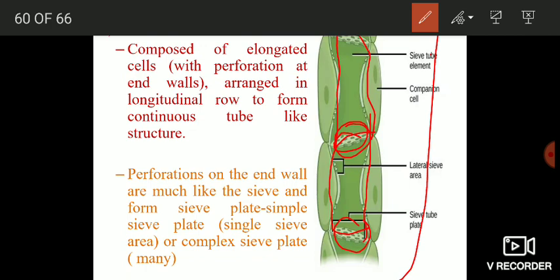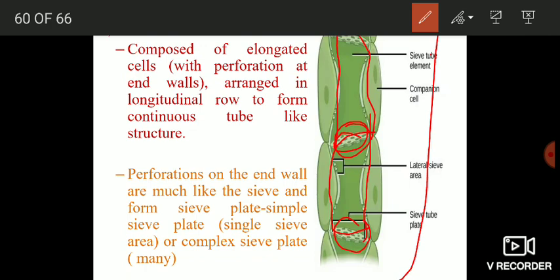The perforations on the end walls are much like the sieves and form sieve plate. The end walls of sieve tube elements are much like the sieves that we have in our kitchens, that we use in our houses.